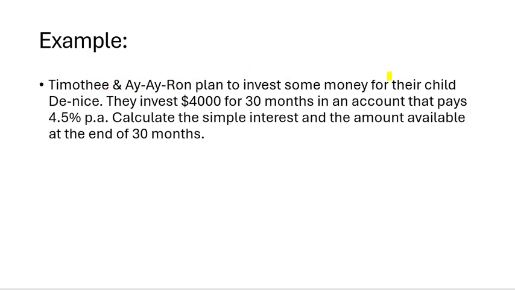Blah blah blah. Plan to invest some money for their child. They invest $4,000 for 30 months in an account that pays 4.5% per annum. Calculate the simple interest and the amount available at the end of 30 months. So typically your time here is normally in years.